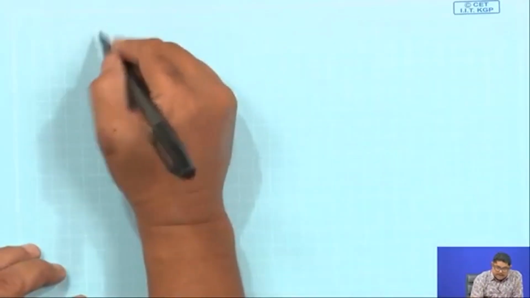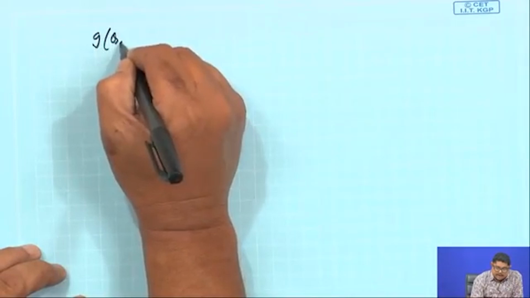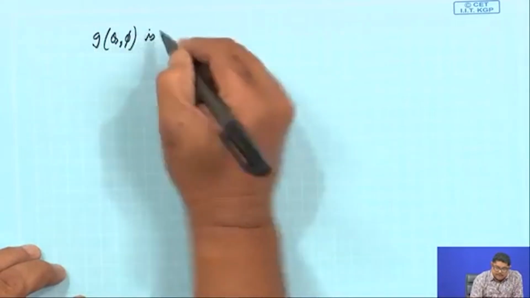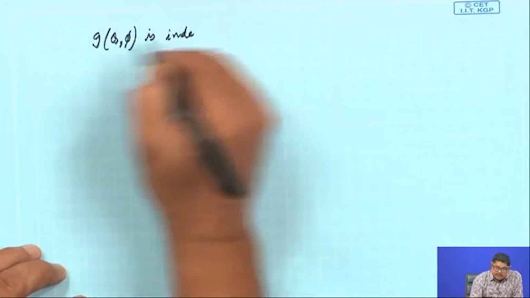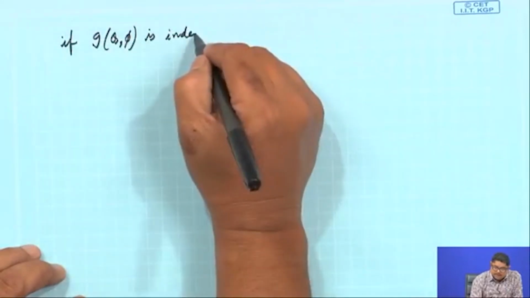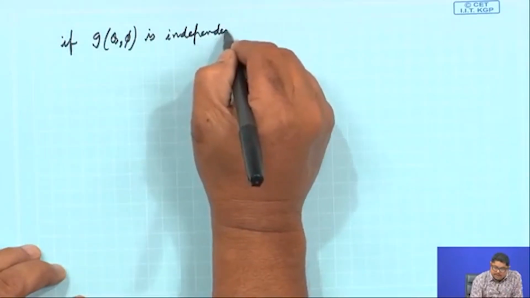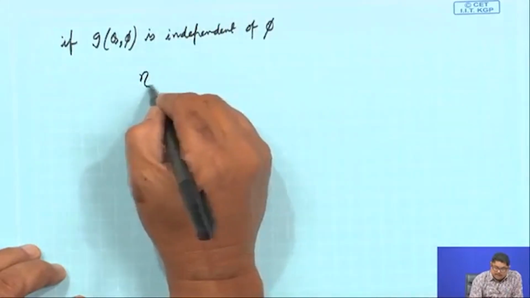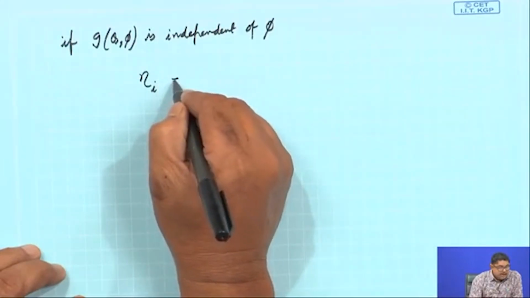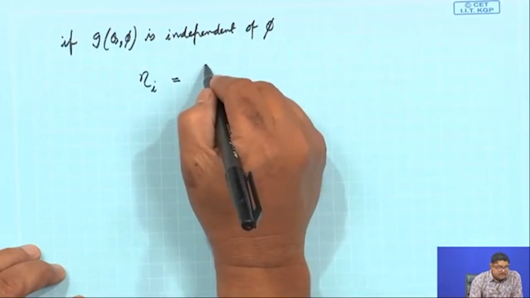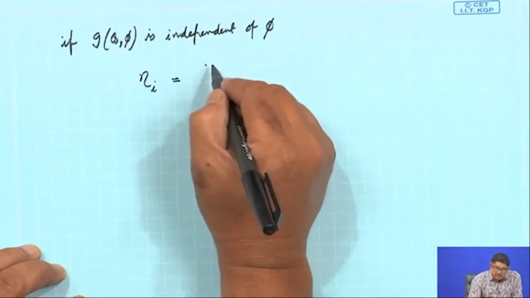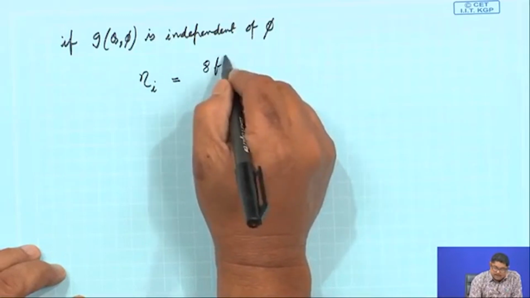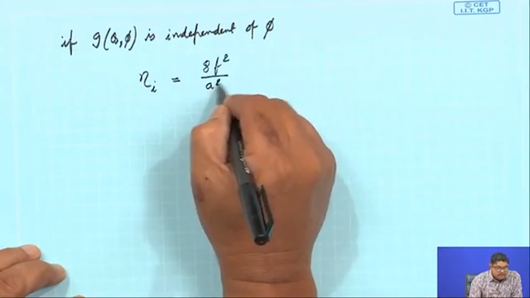So, I write that g theta phi, if this is independent of phi, then you can further simplify this aperture illumination efficiency, that will be 8 f square by a square.